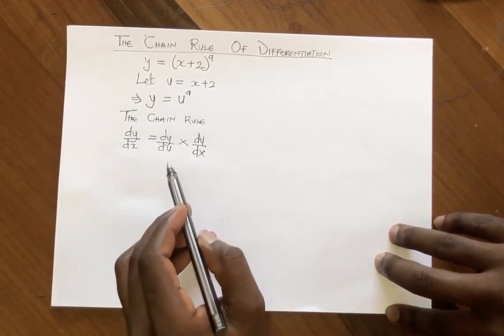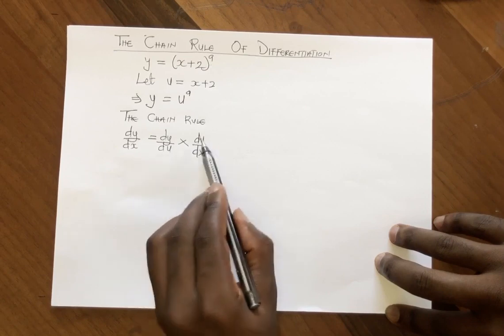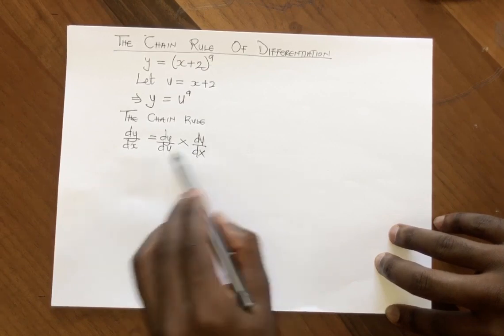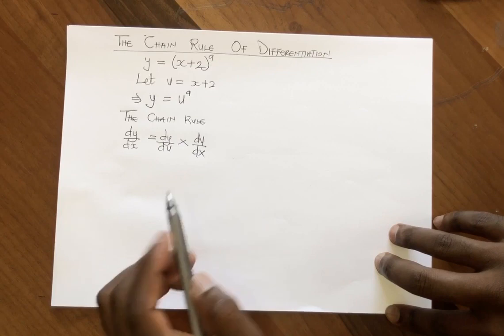I want you to pay attention to something. Always the du will line up diagonally. Put this in mind. It will line up diagonally.